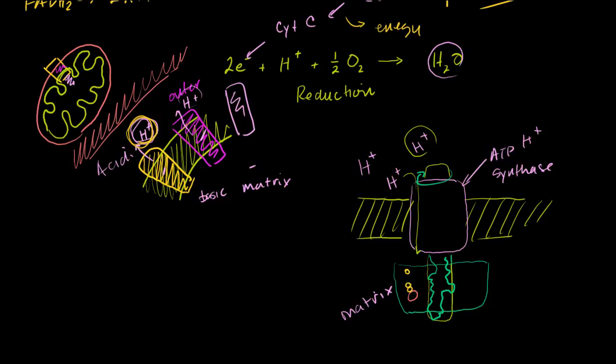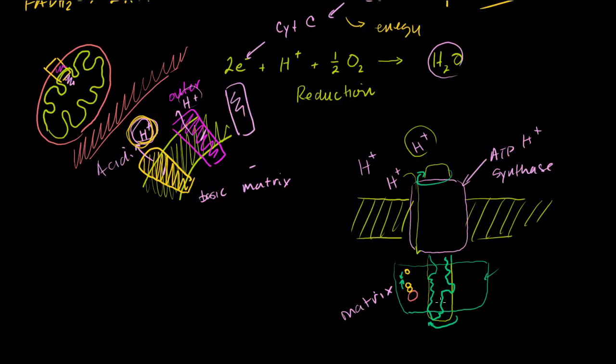But as this inner axle turns, because it's not a symmetrical tube, it has different things sticking out that have different amounts of atomic charge, it's going to play with this outer housing right here. And so as this turns, the outer housing, because of the proteins bumping against each other and electrical charge and whatever else, is going to squeeze the ADP and the phosphate together to actually form ATP.